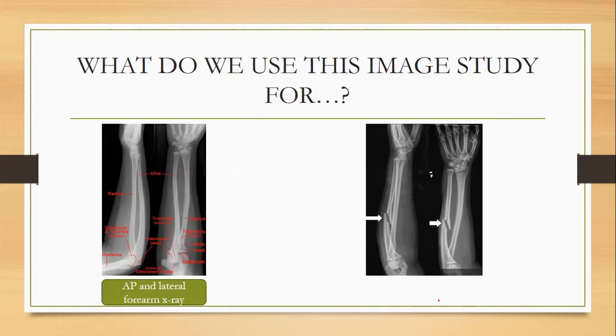Okay. And here we have all the structures that are related. We have the radius, the ulna, the trochlea, and all the bony structures, right?